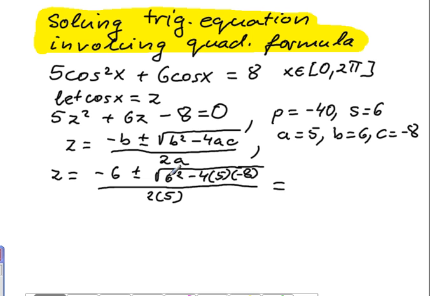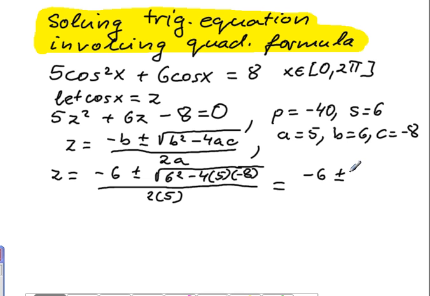So now you should simplify. You will get negative 6 plus or minus the square root of, what will be inside? 4 times 5 is 20, times 8 is 160, plus 36, added together it's 196.